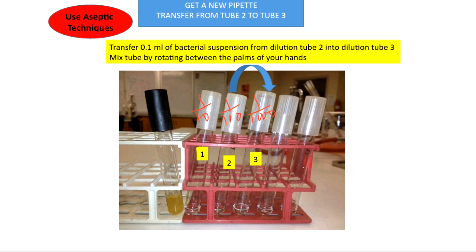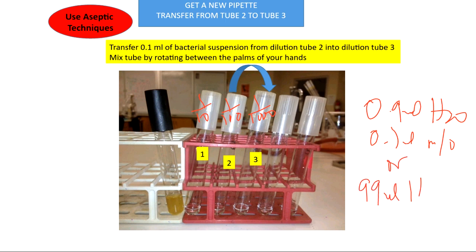And whether the numbers we're playing with are 0.9 mL of water to 0.1 mL bacteria, or something different like 99 mL water to 1 mL bacteria, this still gives you the 1 to 10. This is still a 1 to 10 dilution when you plug in the numbers.